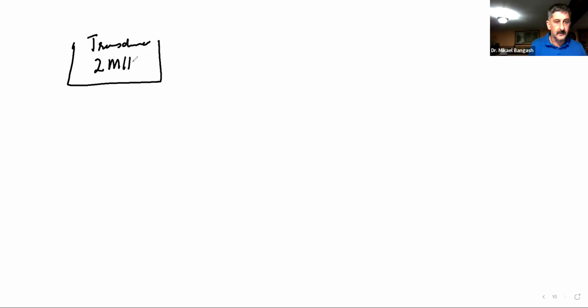Now let us go back to our example that we started with in the beginning of today. For instance, we said we had a transducer. This transducer had a frequency of 2 megahertz, the main frequency.